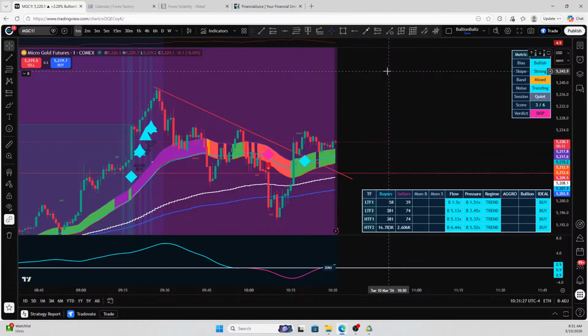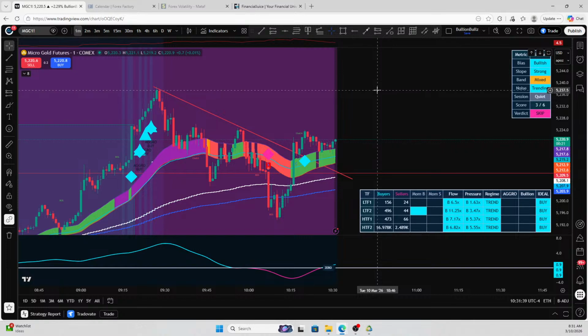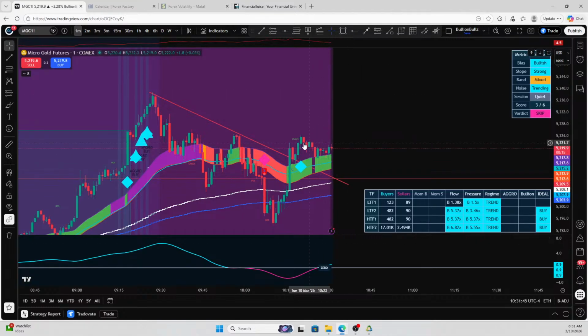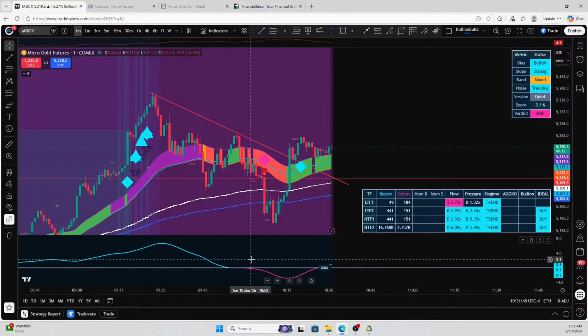Yeah, what we're waiting for is break of structure. Pressure is still above 2, so it's telling us that price is on the bull side. Everything is pointing towards the bull side. So we're waiting for price to start trending to the upside.